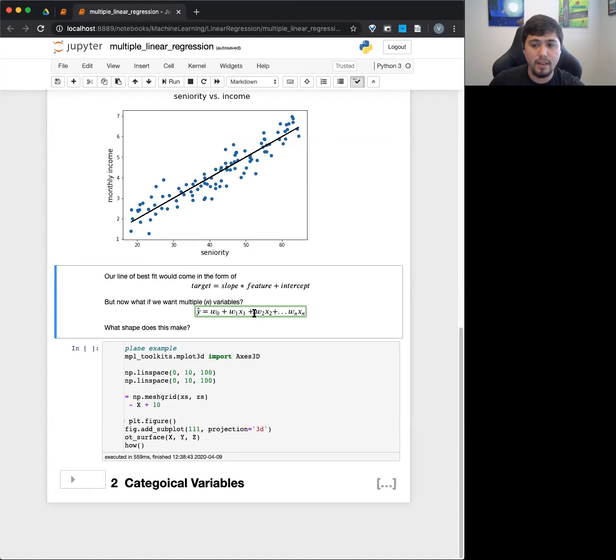And so if we had other features, like W2 and X2, let's say X2 was another feature, your age. So maybe there's seniority and age. Let's pretend they're independent from each other. But maybe people who are older just tend to make more money. You would have something where for every additional year older you are, you make an extra $50 per month.